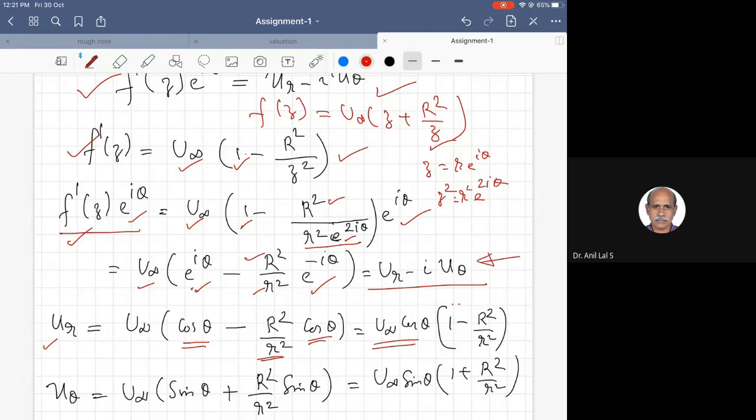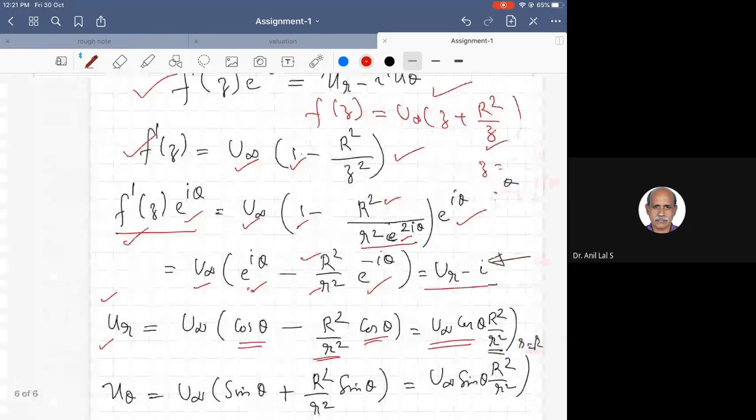Now you look on the surface of the cylinder. On the surface of the cylinder, this small r is equal to capital R. So it would become 1 minus capital R squared by capital R squared itself, that is 0. That is, radial velocity equal to 0 on the surface of the cylinder.